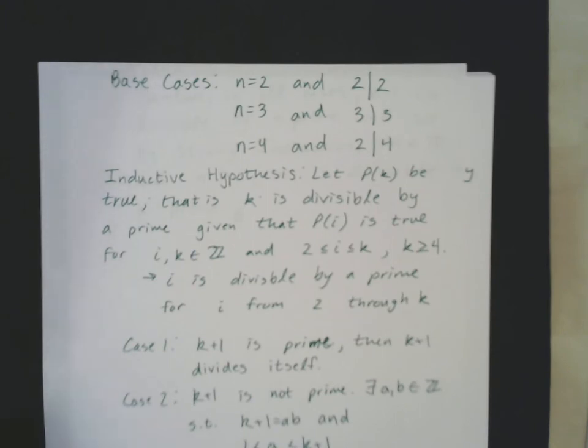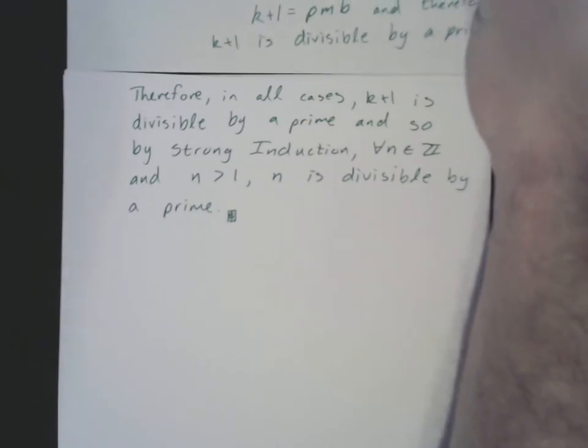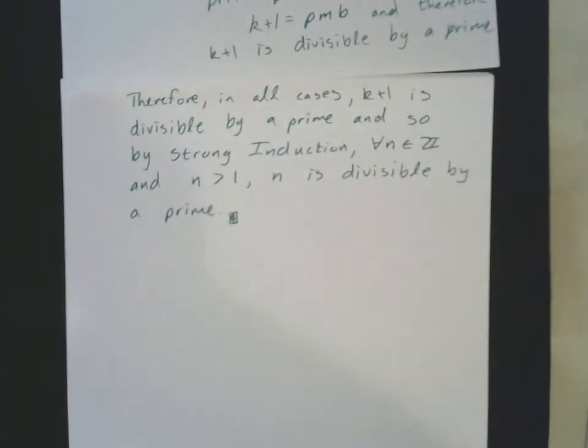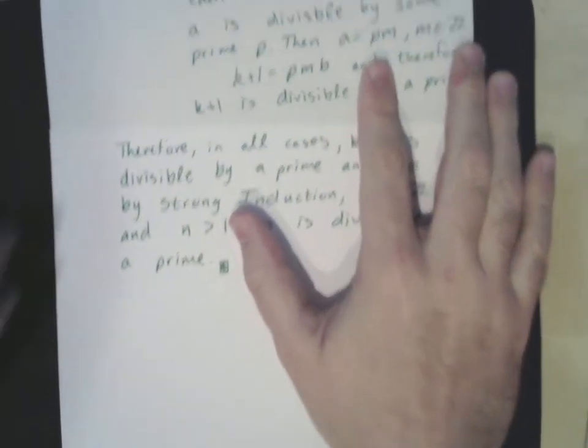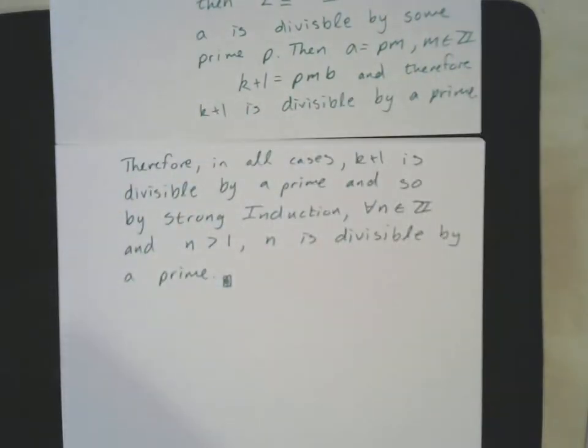And as far as I know, every problem that can be proved with strong induction can be proved with regular induction. You can think of strong induction as a way to enhance your knowledge a little bit and think a little bit more critically about how to set up a problem that has no setup. This one's very difficult to use regular induction with because we're not inducting on anything.